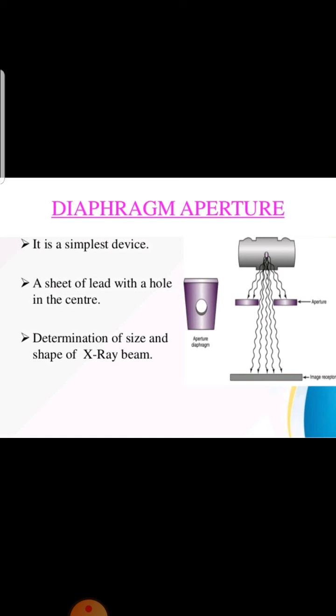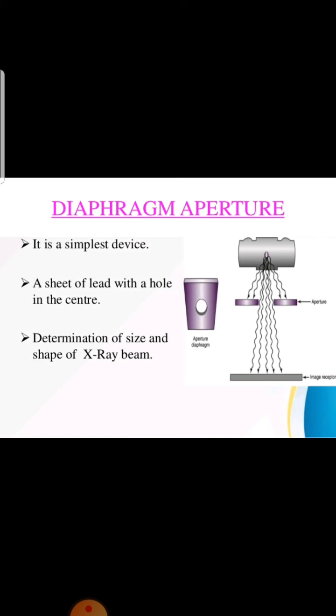There is an opening, and you can see that it is restricting your primary beam. On the image receptor you receive an image that is 1 centimeter smaller on all sides than the image receptor itself, meaning the image that you will get on your image receptor will be 1 centimeter smaller than the actual size of the image receptor.